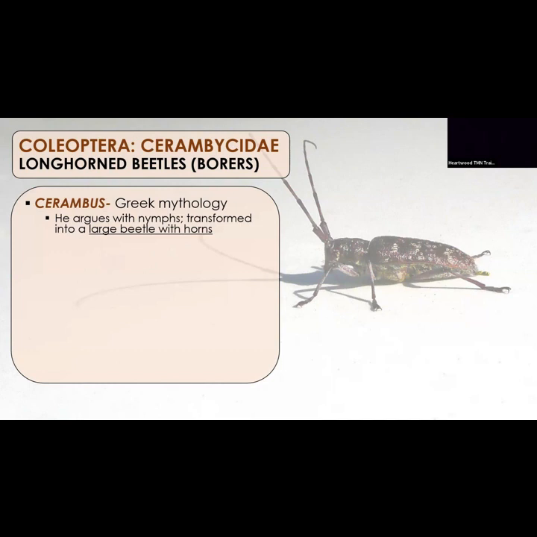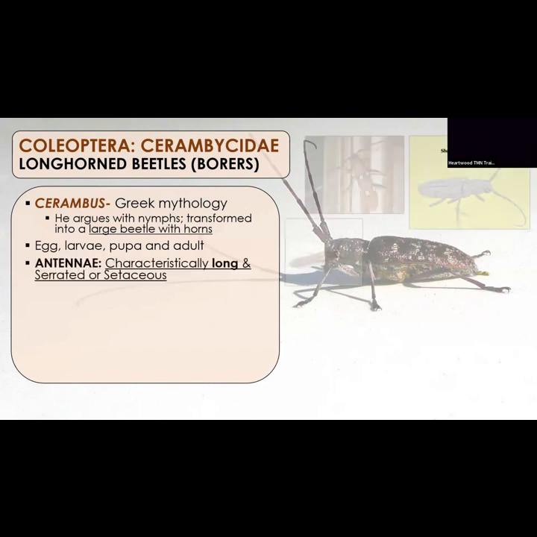He was a shepherd in Greek mythology. He got into some arguments with nymphs. So they punished him and they turned him into a large beetle with horns. And that's why whoever named Cerambycidae chose Cerambus based off of that story. Like, wow, now I will never forget that.